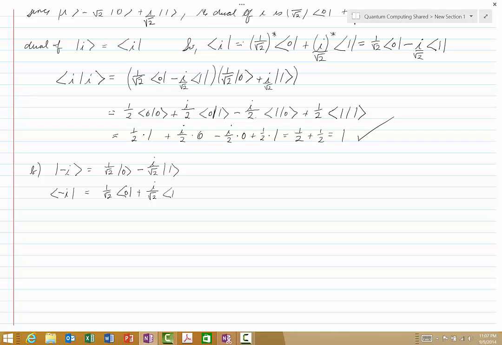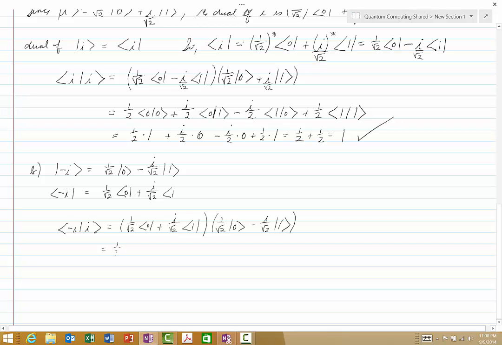And now when we pre-multiply the ket by its dual, we will get 1 over square root of 2, 0, plus i over square root of 2, 1, times 1 over square root of 2, 0, minus i over square root of 2, 1.